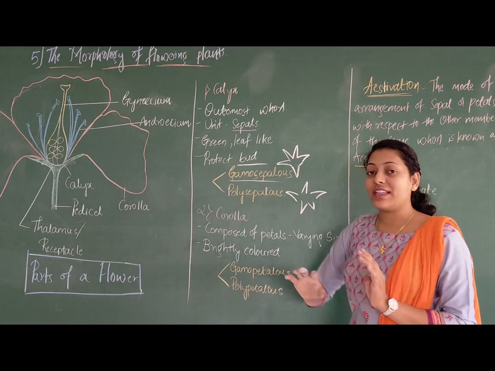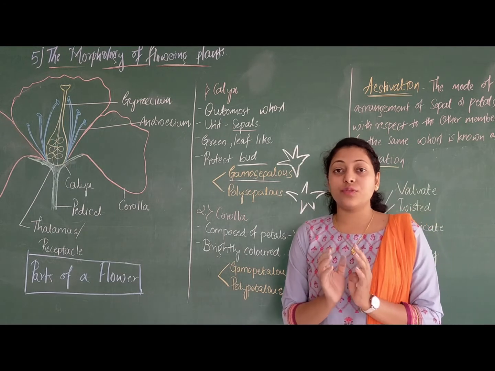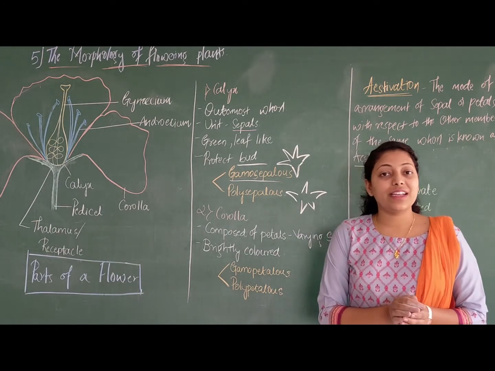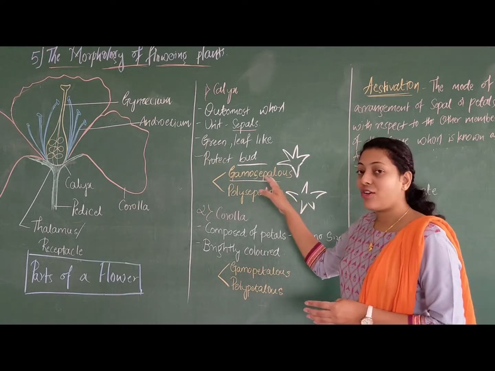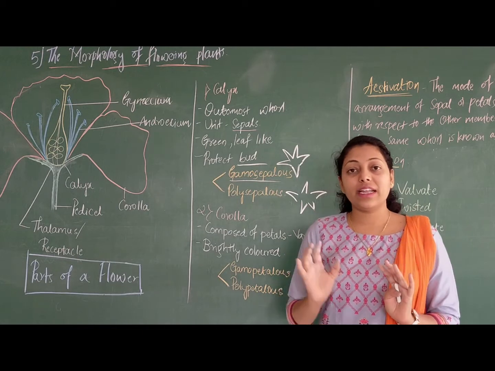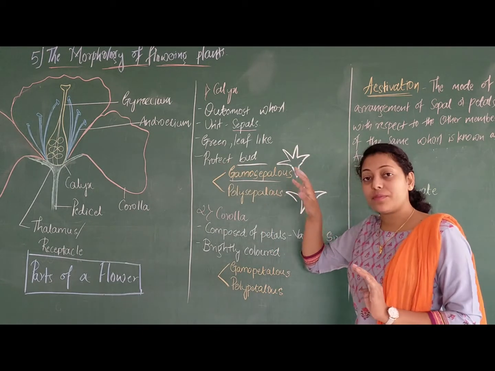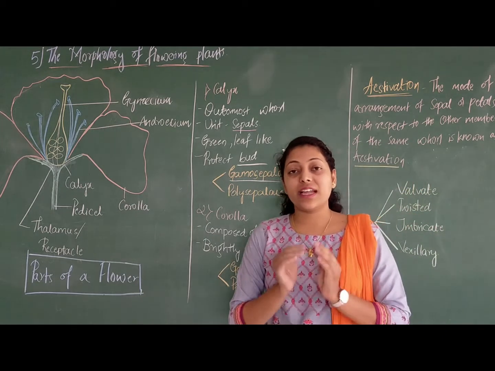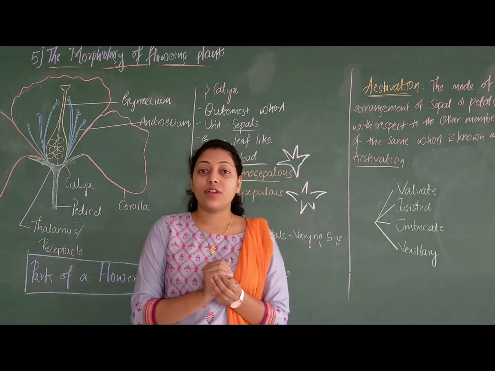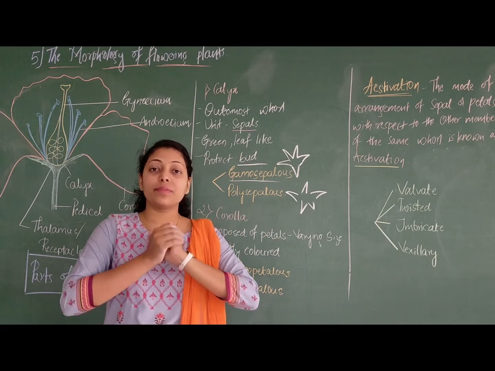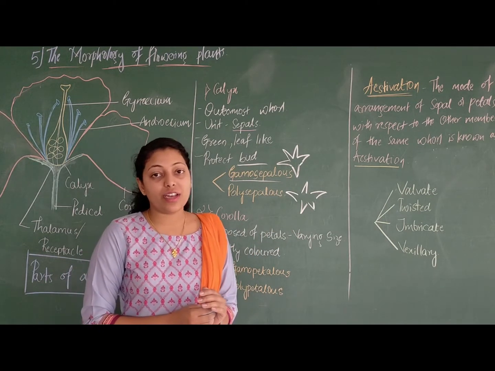They are present just to give protection to the flowers when they are in bud stage. On the basis of their united form or free form, it may be either gamosepalous or polysepalous. Gamosepalous means that sepals are fused or united, whereas polysepalous means that sepals are free. Okay, this is all about calyx.